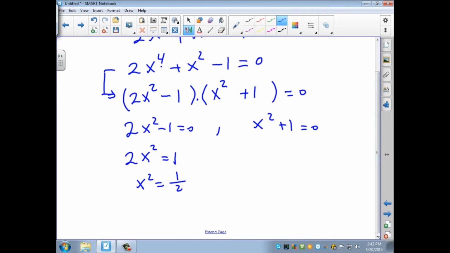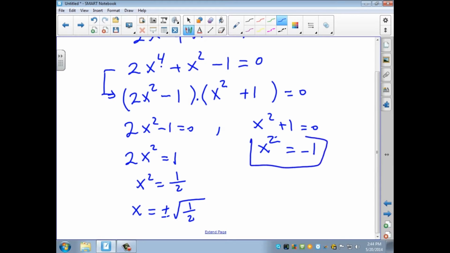Further, that means when you take the square root from both sides, h would be equal to plus or minus square root of 1/2. That's one answer. And here, h squared plus 1 equals 0. That means h squared is equal to minus 1. You have to stop here because you cannot take the square root of a negative number.